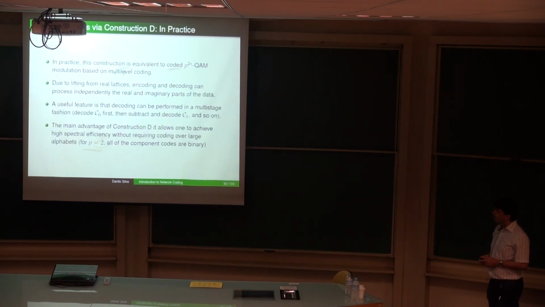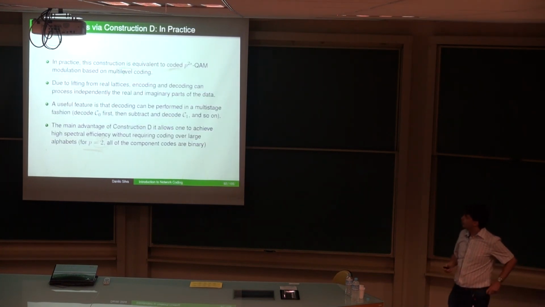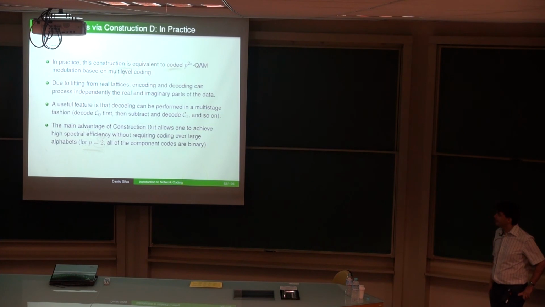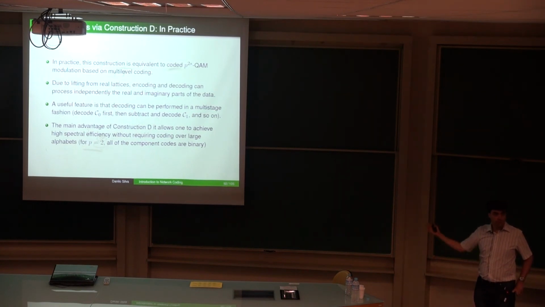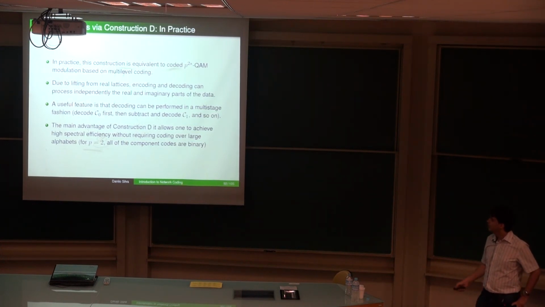So it's interesting to observe that construction D is equivalent to coded QAM modulation with a constellation of size P to the 2 times S. So if you take P equal to 2, you can view this as 4-QAM, 16-QAM, and 64-QAM constellations.